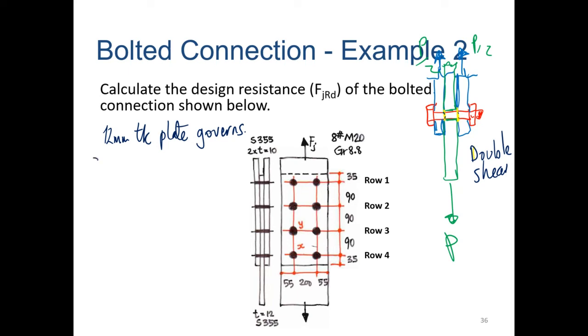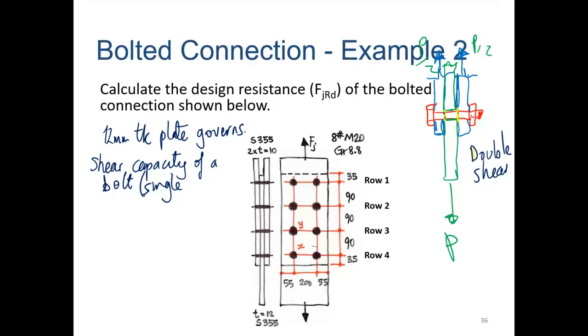If we remember for the shear capacity of the bolt, we made single shear equal to 94.1 kilonewtons.